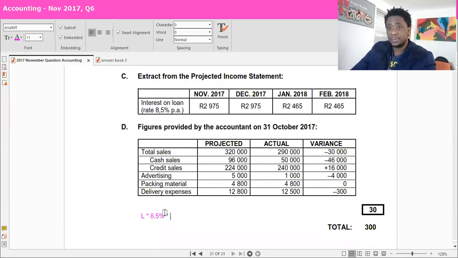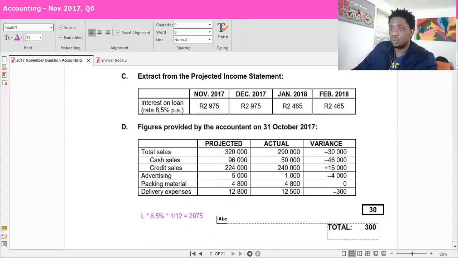And then we multiply that by 1/12 because we're calculating interest for 1 month in 12 months. And that would give us, in the case of November and December 2017, 2,975.